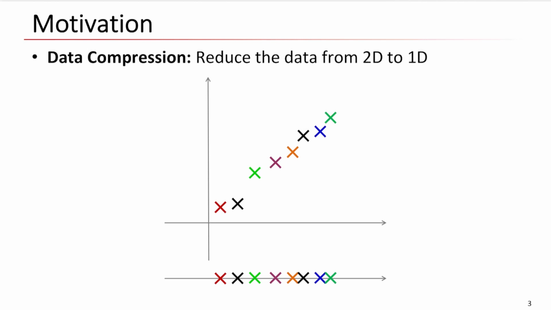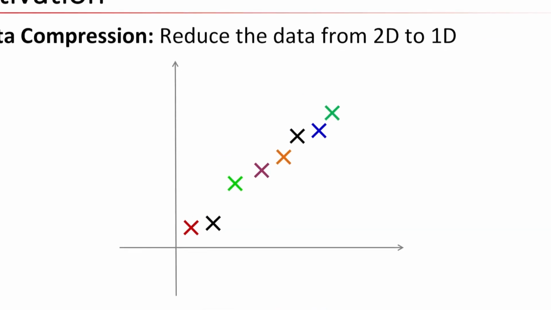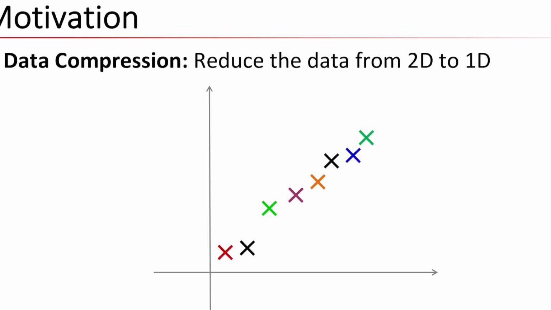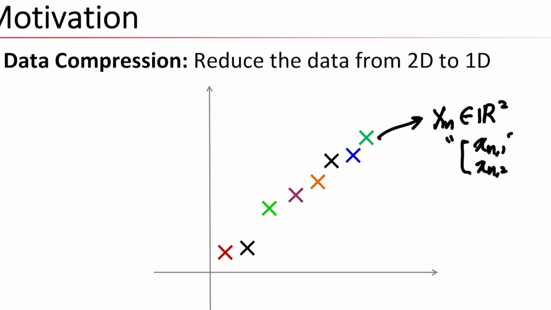Okay, let's say in the above figure there are vectors xn, in this case in R2 space, right? So this vector consists of the x1 term and x2 term here, right?